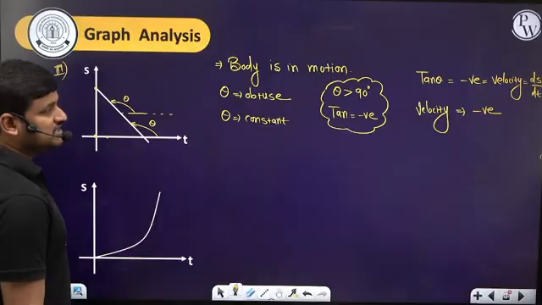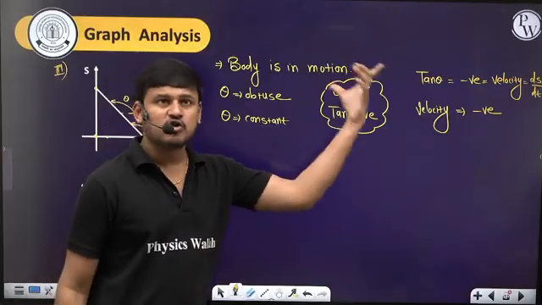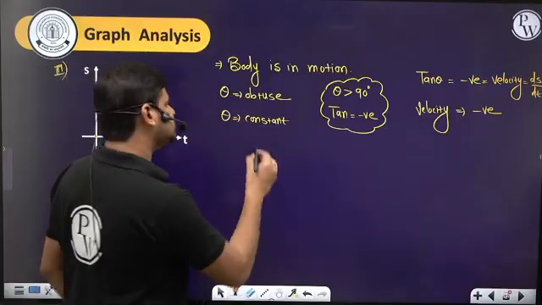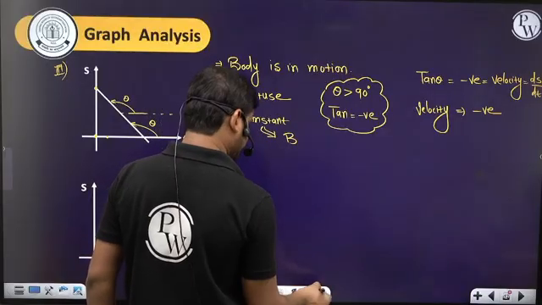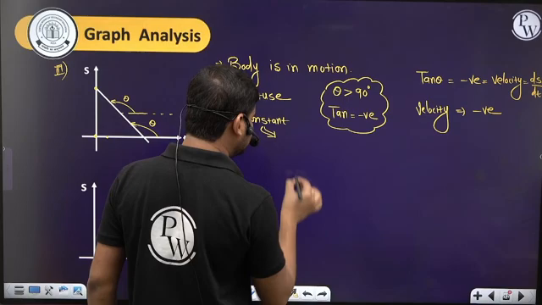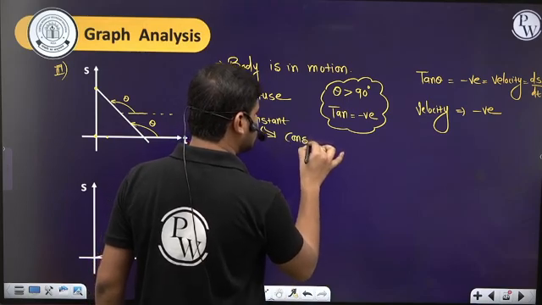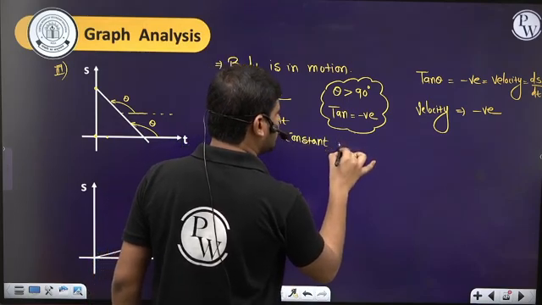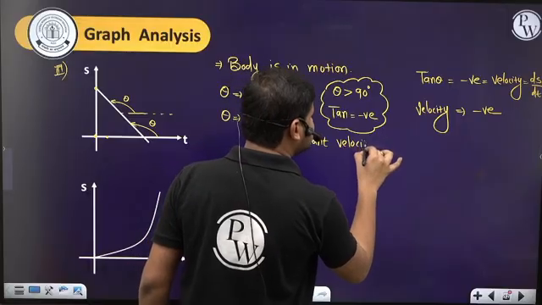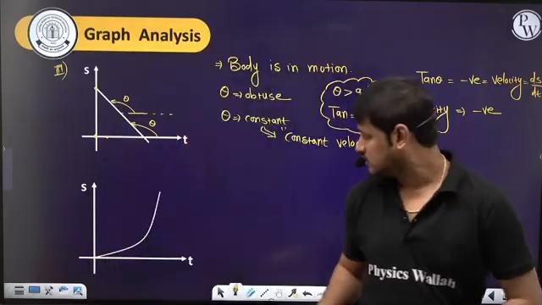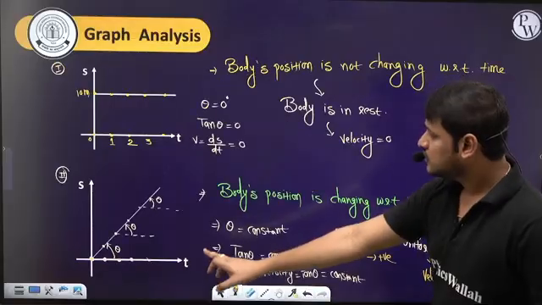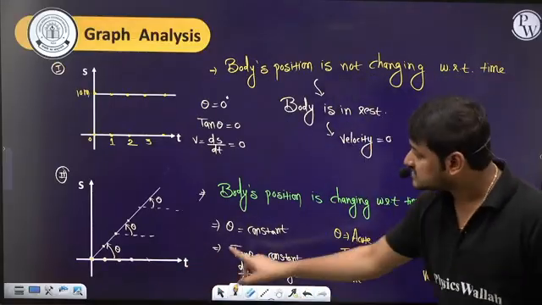And is this negative velocity changing or constant? As theta is constant, the body is moving with constant velocity. Understand the case properly, guys. The body is moving with a constant velocity, as in the previous one.